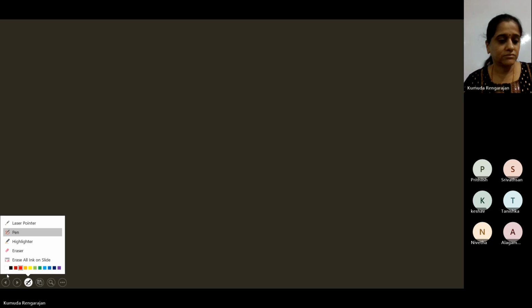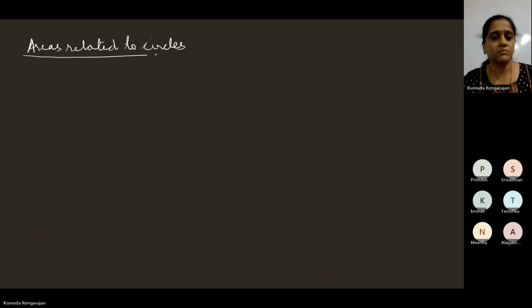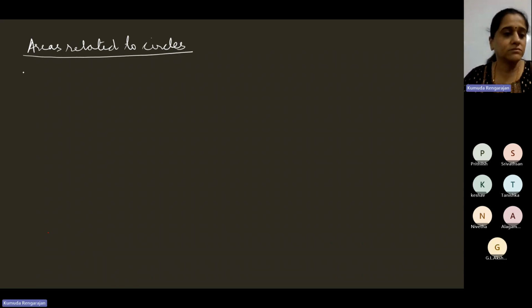Okay, so today we are going to see a new chapter, areas related to circles. First, let's understand the meaning of the terms sector and segment.